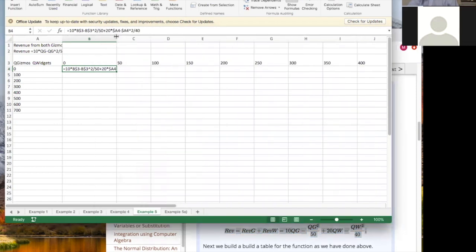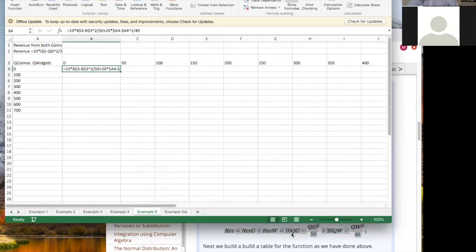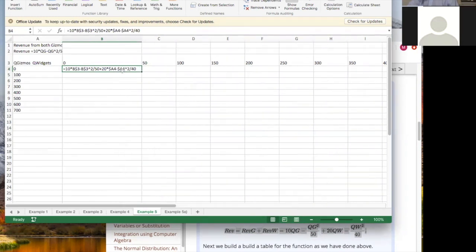Again, looking at it, this is precisely the formula we had. We had 10 times the quantity of gizmos minus the quantity of gizmos squared over 50 plus 20 times the quantity of widgets minus the quantity of widgets squared divided by 40. I have quantity of gizmos running down, quantity of widgets moving across.